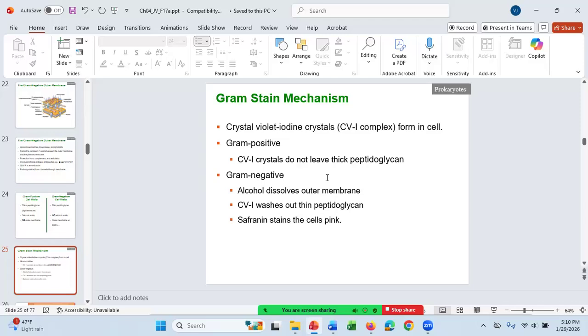In the gram-negative cell, the alcohol of the alcohol wash will dissolve the outer membrane, and the crystal violet iodine will wash out of the thin peptidoglycan layer. And then safranin will then stain the cell pink. That is why gram-negative cells stain pink and gram-positive cells stain purple or purplish. Any question about any of that?